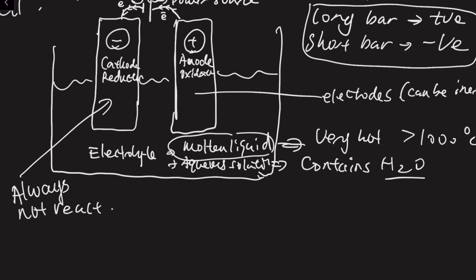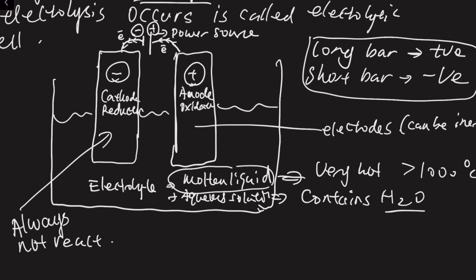Why is this the case? The cathode is undergoing reduction, so electrons are entering the cathode. And we know that a metal can only undergo oxidation. A metal can only ever lose electrons. It cannot gain electrons. Because the cathode is gaining electrons, the metal will never react.